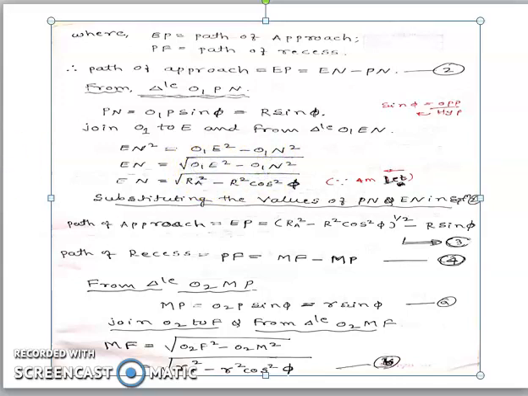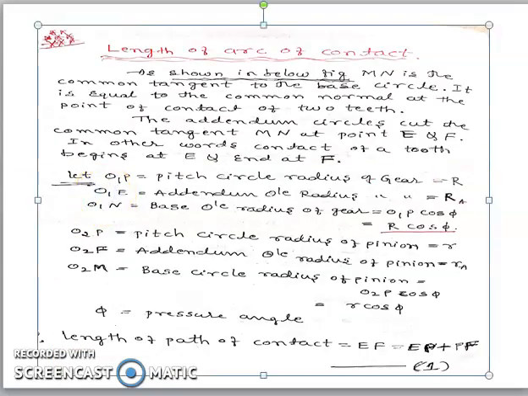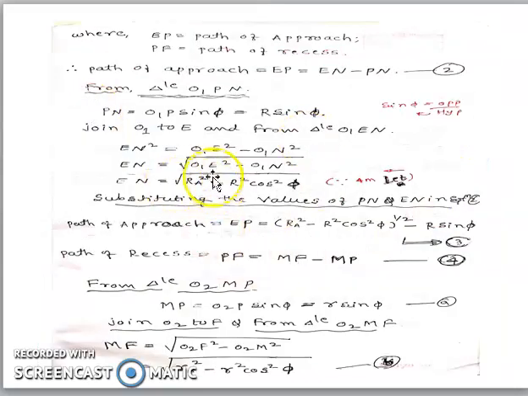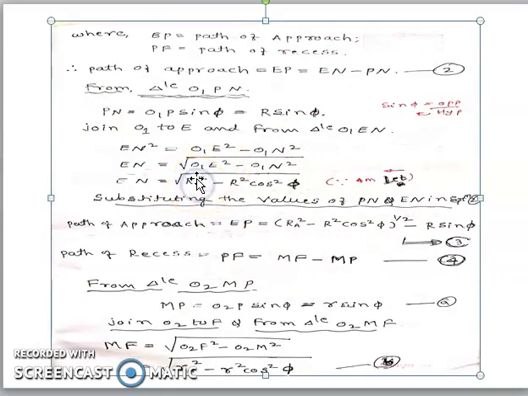O1E is capital RA, O1N is R cos phi, and O1P is R. So En is the square root of RA square minus R square cos square phi.